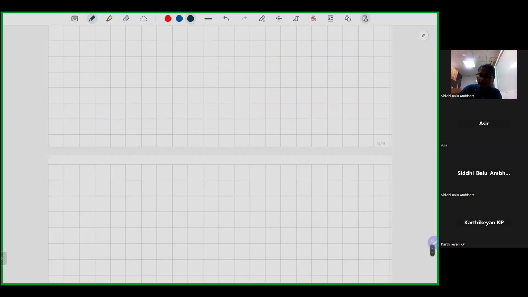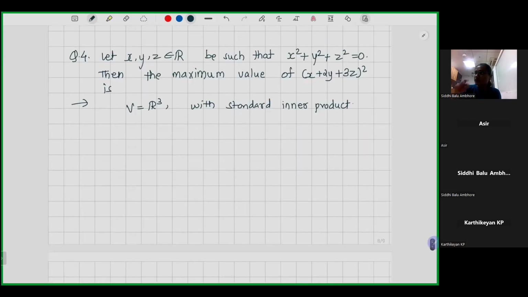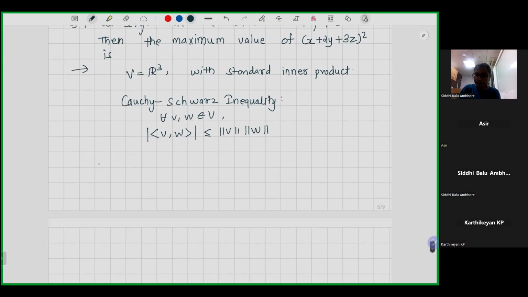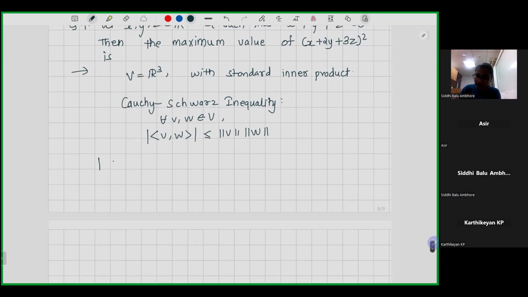Okay, then in that case we have the Cauchy-Schwarz inequality, which states that for all v, w in V, the absolute value of the inner product is at most norm of v times norm of w, right? The inner product on R3 is this. So we have to choose our elements to be this.